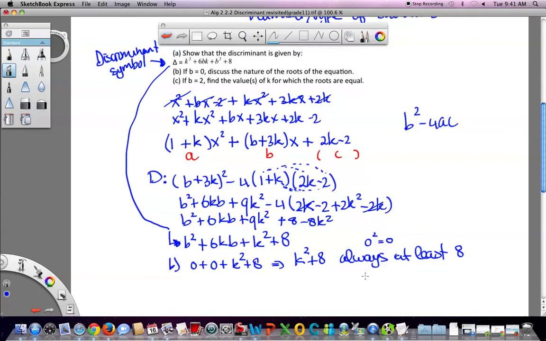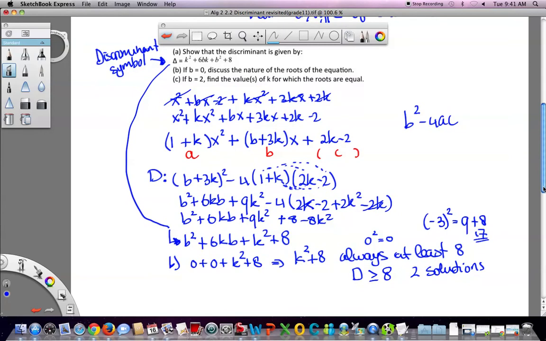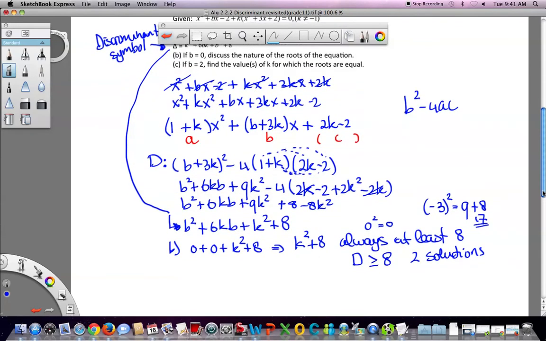So I'm going to get a discriminant which is greater than or equal to 8, so I will always have two solutions. And you might be thinking, what about a negative number, like a negative 3? If you square a negative 3, don't we still get a positive? So k squared plus 8 would be 9 plus 8, which is 17. So you will always get a positive number there. So the nature of the roots is that you will always have two solutions if b is 0.